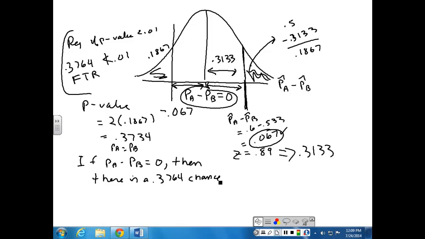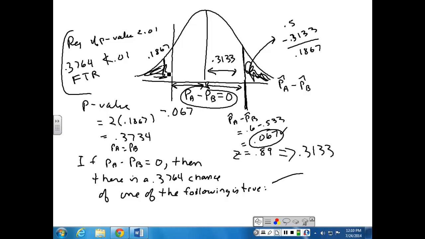Anyway, there's a p-value chance of, and with two-tailed tests, I usually put it this way: if one of the following is true, and again, I'm just reading what's on my graph here.